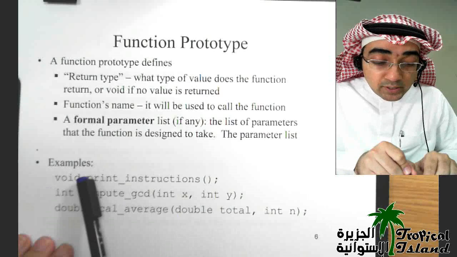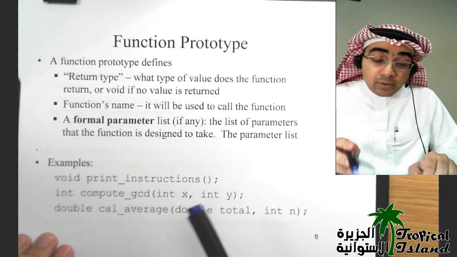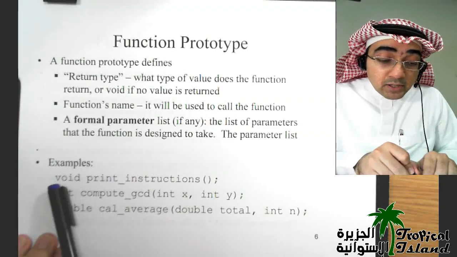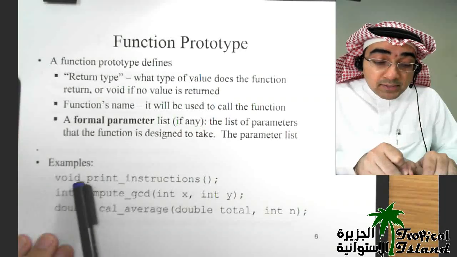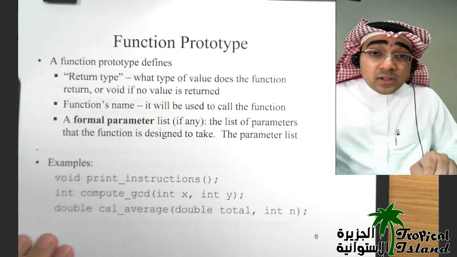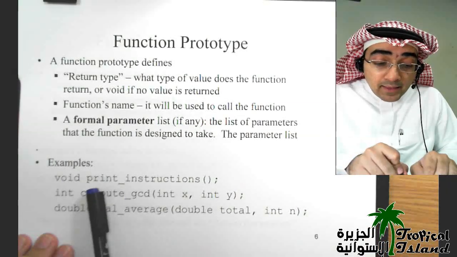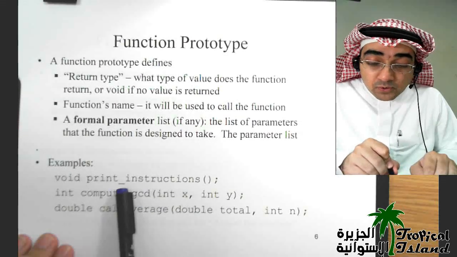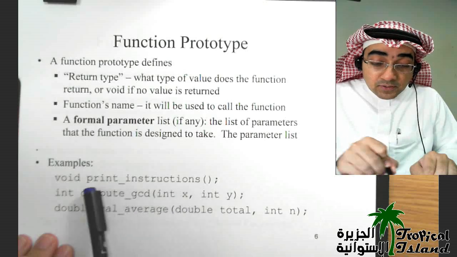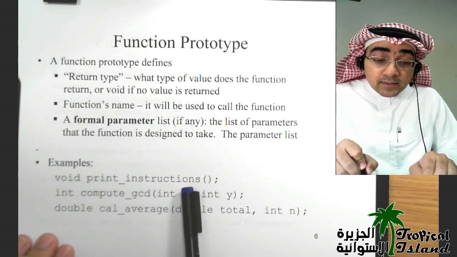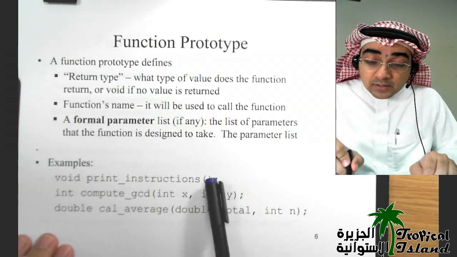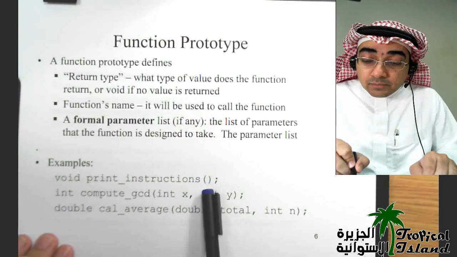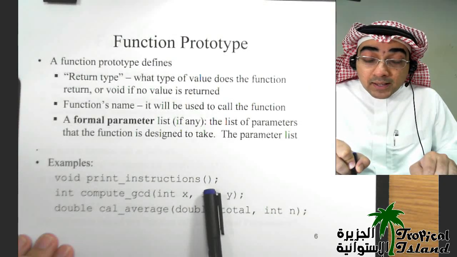The first function is a void. So I'm telling the compiler, hey Mr. Compiler, you have a function, but the return type is void, so it's not going to return anything for you. And then the next thing we have is the function's name, which is print_instructions. This is the function name in this example. And then a formal parameter list, which is whatever is written between the two brackets.